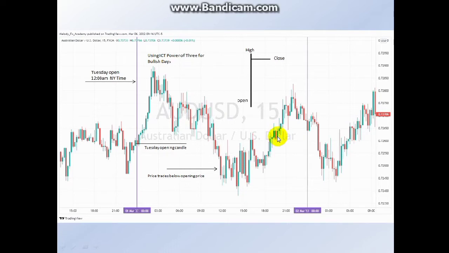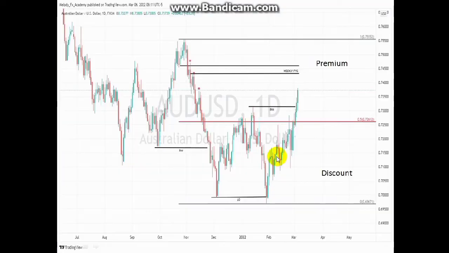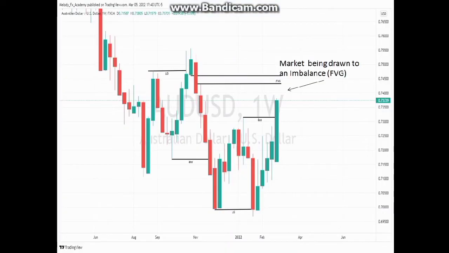So this is like backtesting. Before I drop us down to the intraday charts on the 15-minute time frame, I want us to take a look at something on the weekly time frame.